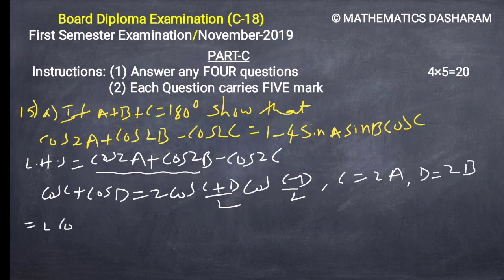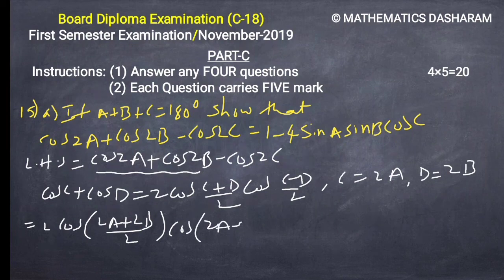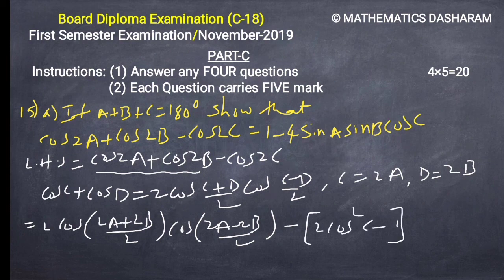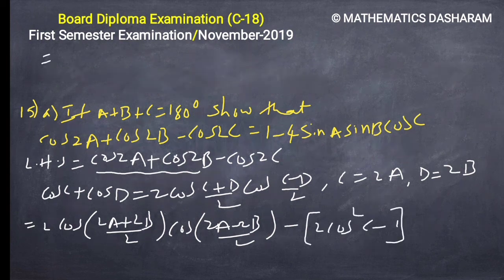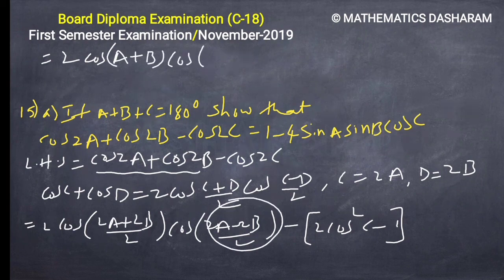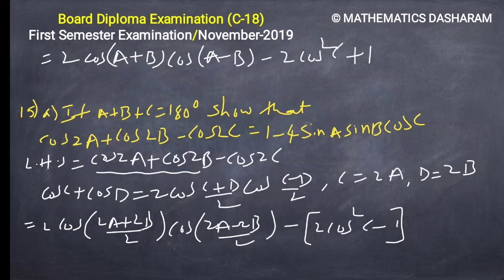Then it is equal to 2 cos (2a plus 2b) by 2 into cos (2a minus 2b) by 2, minus cos 2c formula 2 cos square c minus 1. So 2 into (2a plus 2b) by 2, answer is a plus b, into cos, here (2a minus 2b) by 2, answer is a minus b, minus 2 cos square c plus 1.